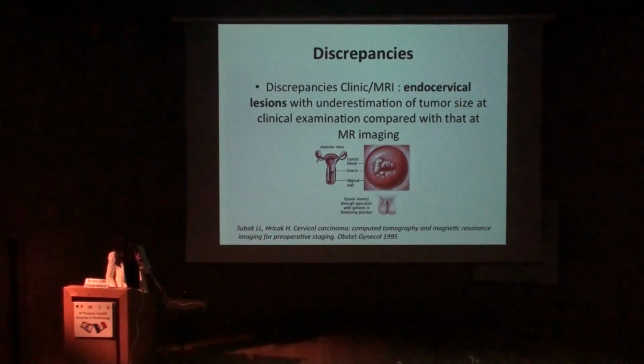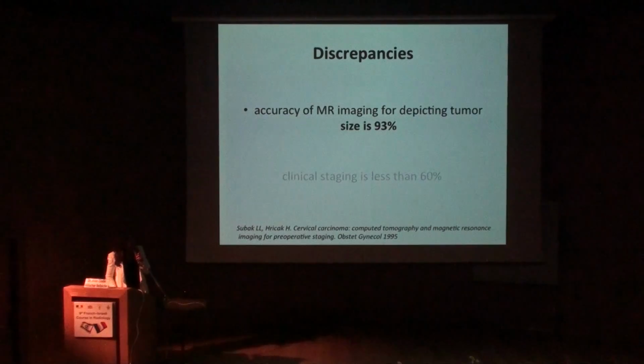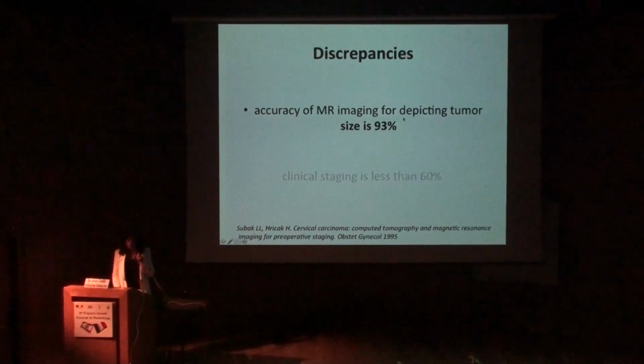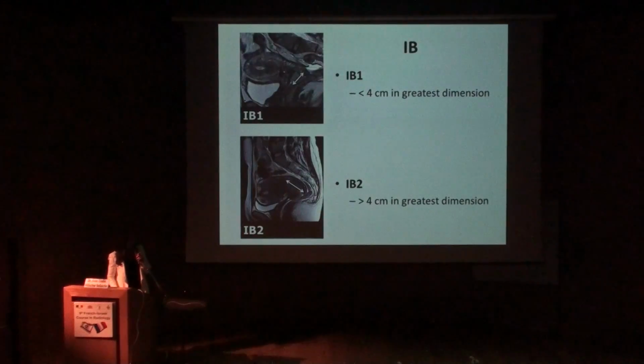As you can see here, the accuracy of the clinical exam is less than 60%, whereas MRI has a very good accuracy, near 100%. So MRI is essential. And the threshold that you have to keep in mind is 4 centimeters. It is the measure which is very important in the FIGO classification.